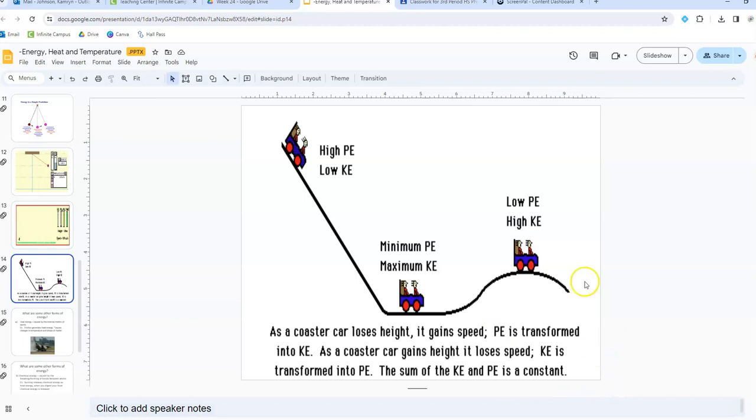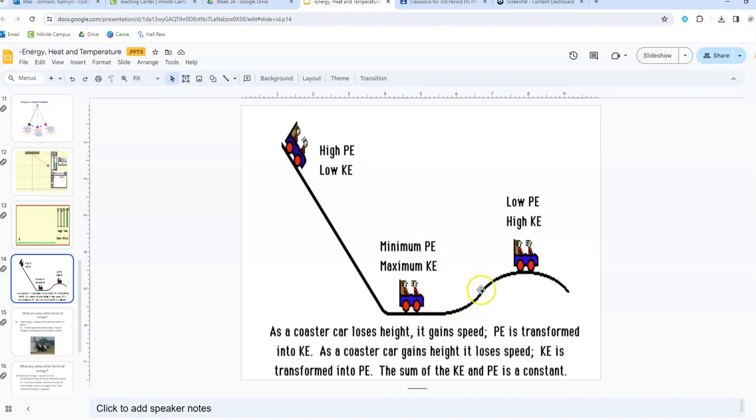So this one right here is showing you that you have high potential energy as you are way up here off the ground, and low kinetic, and then it picks up speed. Down here is going to be going super duper fast, so it's going to have max kinetic, minimum potential.